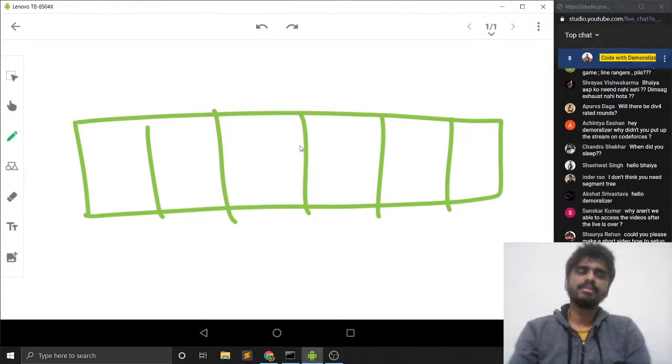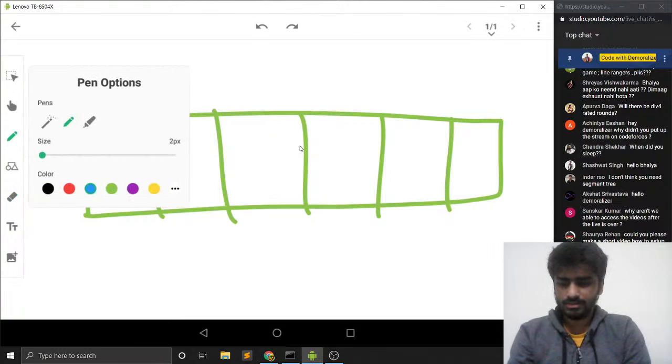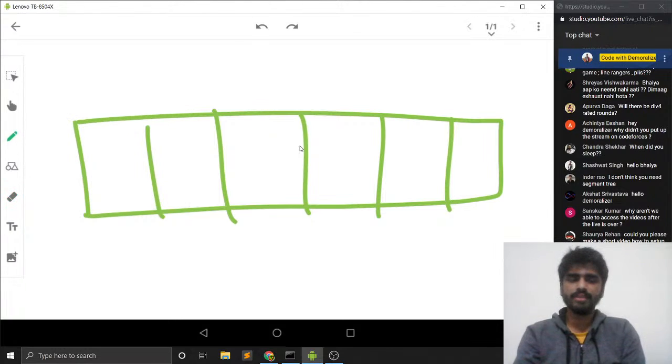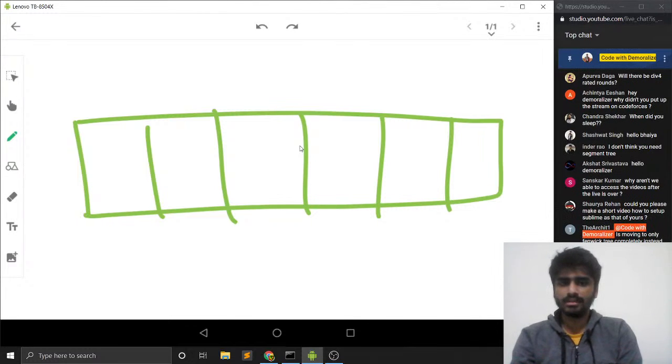No, there are problems which cannot be done by a Fenwick tree that can be done using a segment tree. Segment tree is actually a very powerful data structure. It is much more powerful than Fenwick, although Fenwick is a lot faster. So when Fenwick can be used, it's a lot faster.